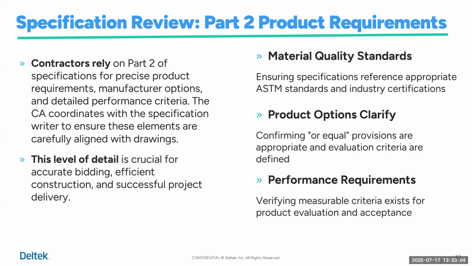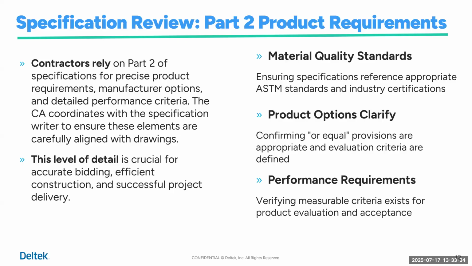And then the product options. Sometimes the specifier may say put the basis of design and say or architect approved equal. Well, what is that architect approved equal, especially if other manufacturers are not listed? These are some things that are going to come up during bidding time. Contractor may want to do a substitution.